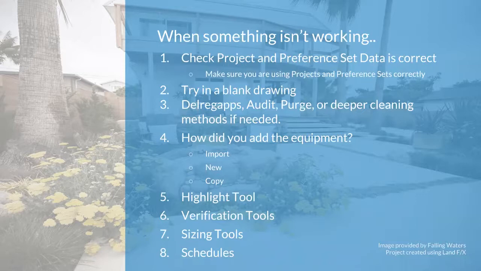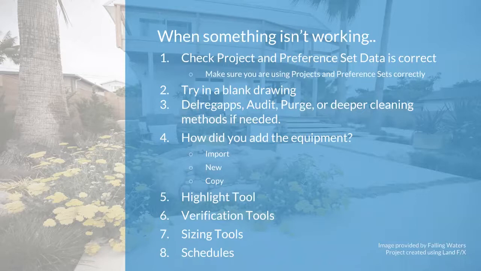After that, you've made sure that's set up properly. Try it in a blank drawing. It's such a simple yet overlooked thing. If you're in a project and things aren't working right, go ahead and open up a blank drawing, assign the same project even, but try what you were doing in that design and see if you can replicate it.